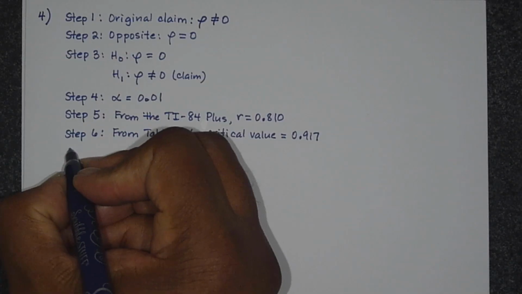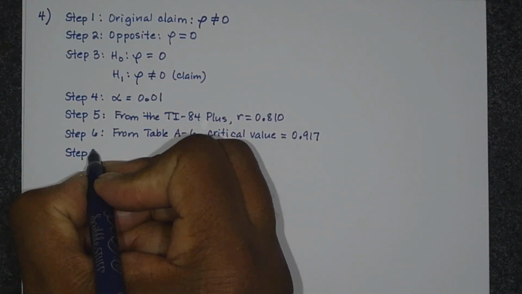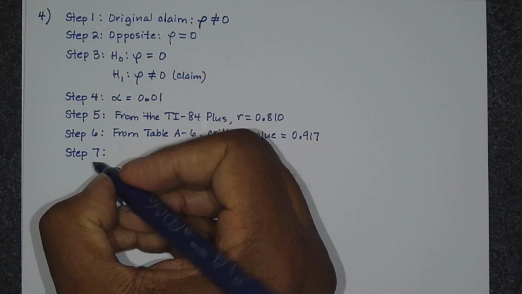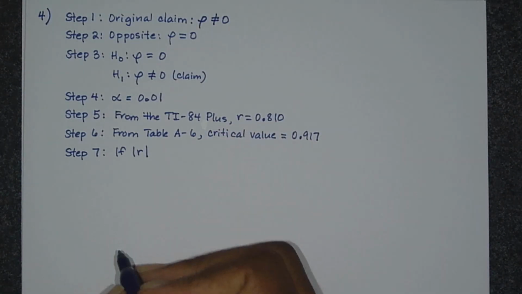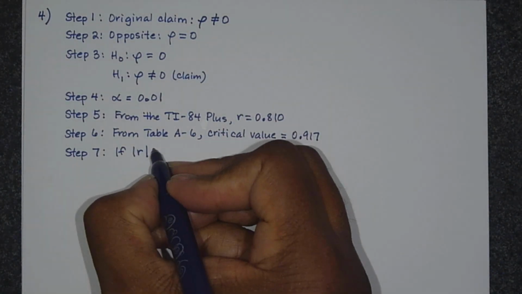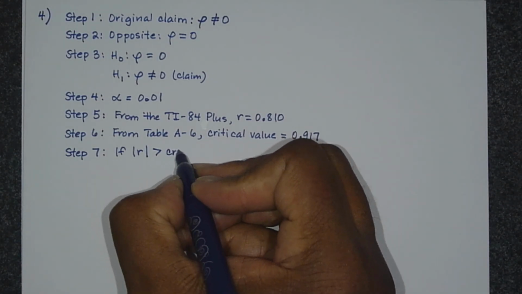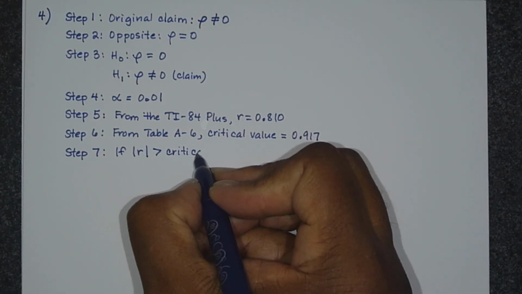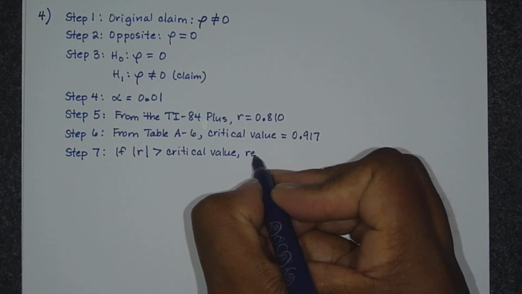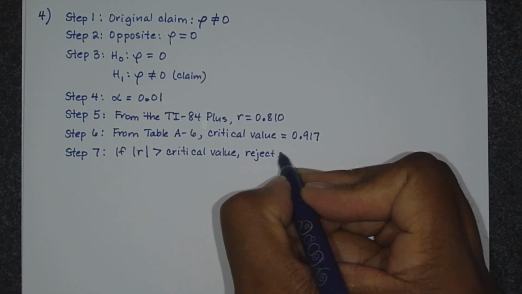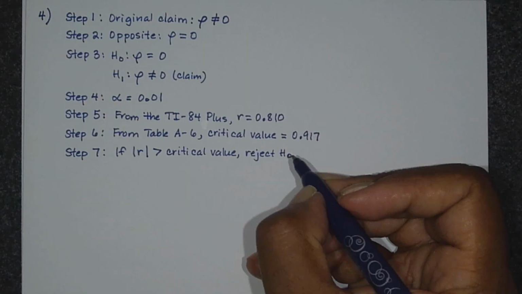And then step number 7, the way you're going to do the decision rule is going to be this. If the absolute value of your linear correlation coefficient, which is R, is greater than your critical value, reject the null hypothesis.